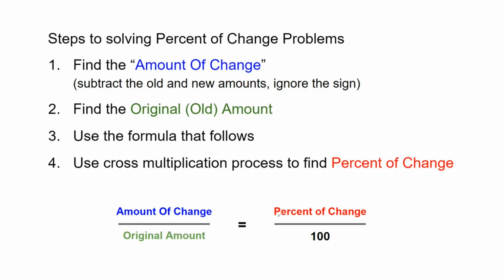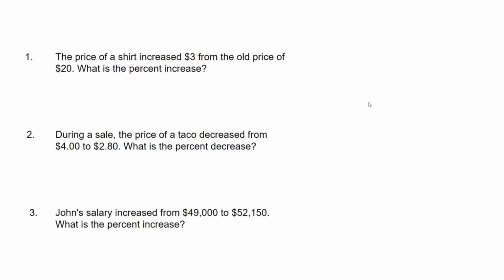The other side looks exactly the same. We have some percent over 100. So as I mentioned, this is not completely new. It's just a little bit of a twist on the same percent calculation. So here are 3 examples that will hopefully drive this home.